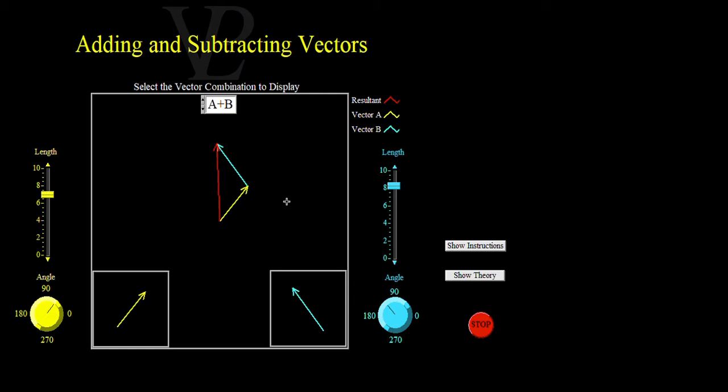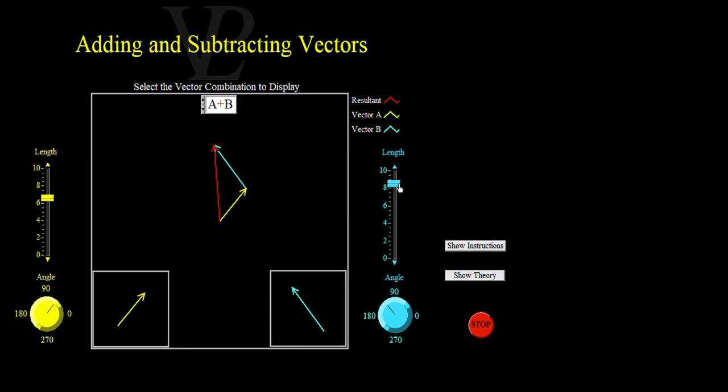So, what I have here are two vectors, two displacements in this case. They're both in terms of distance. So I've got A and B. I can vary the magnitudes of A and B using these sliders.